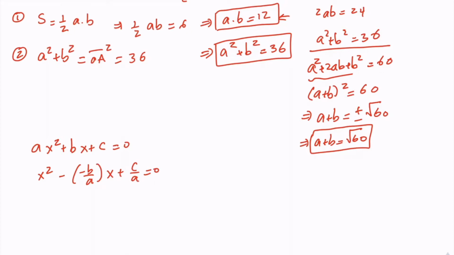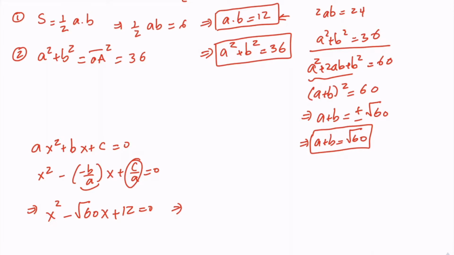From quadratic equations, we know that this is the product of the roots, and this is the sum of the roots. Therefore, if a and b are the roots of a quadratic equation, I can write that equation to be x squared minus square root 60 x plus 12 equals 0.